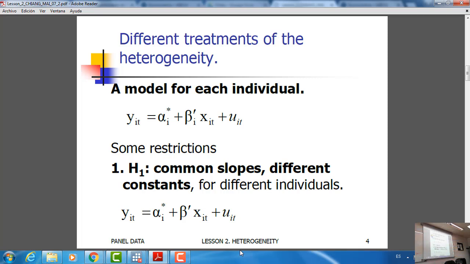But if you have 250 parameters, you don't really know what to say. So let's see now some restrictions. We need restrictions, because in econometrics, restrictions on parameters: are they good or bad?